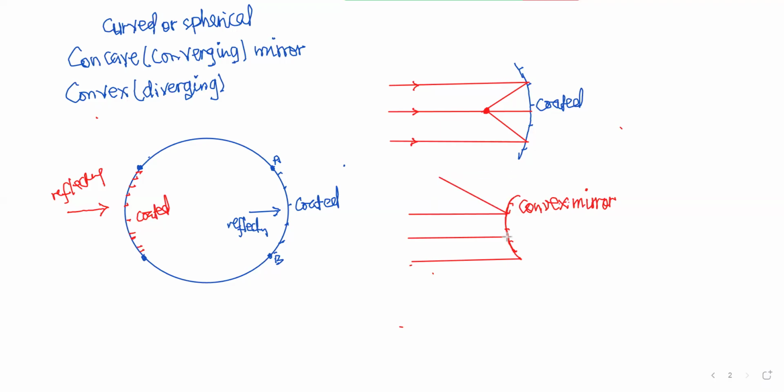This one will diverge, and here the diverted rays, please, rays must be indicated with arrows, so reflected, reflected, reflected. Here incident, incident, incident, and then the reflected.